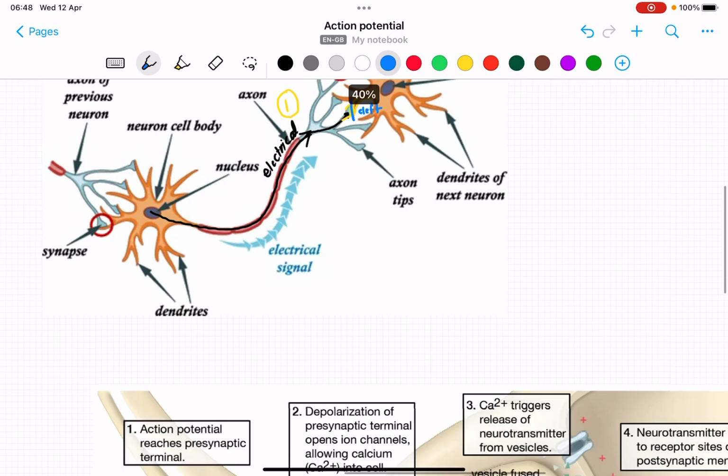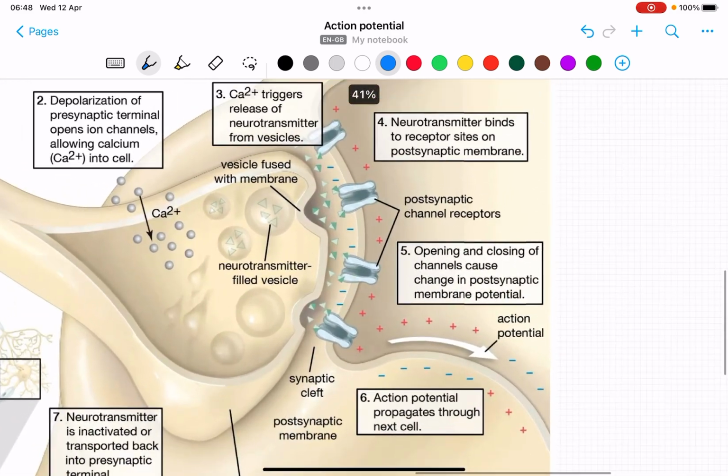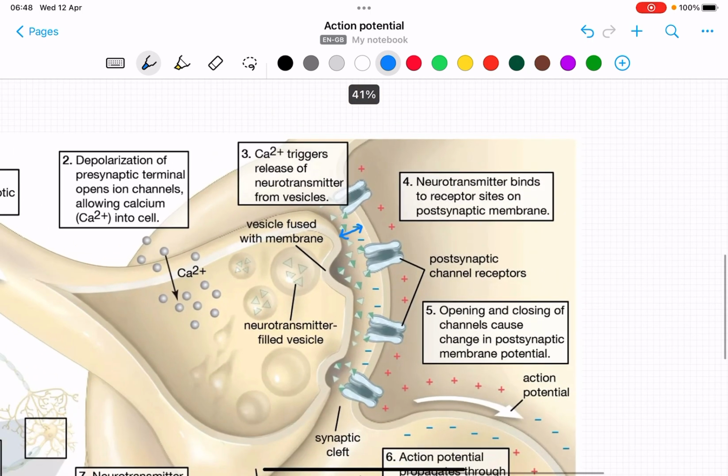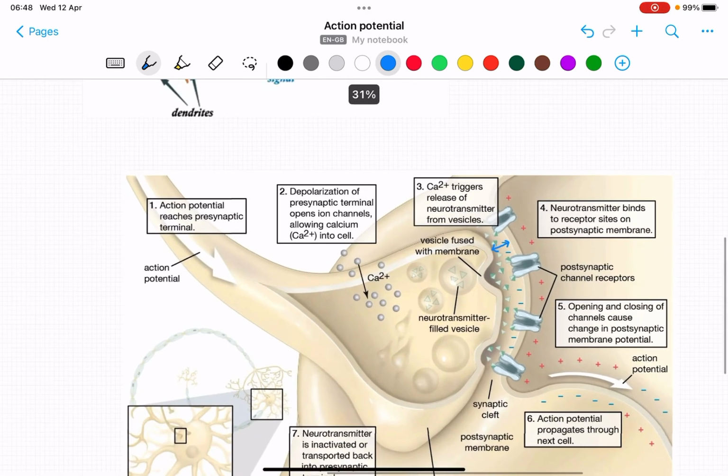So when we zoom in, this is the gap that we are talking about between the axon from one motor neuron and another dendrite of another motor neuron. So this is what should happen to make sure the impulse or the action potential can be passed from one motor neuron to another motor neuron.